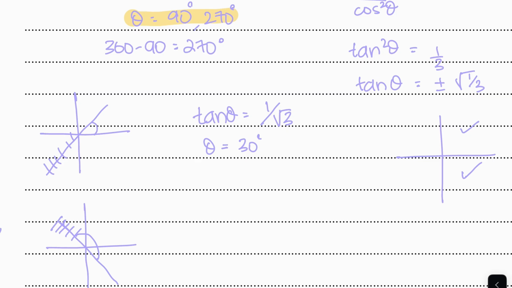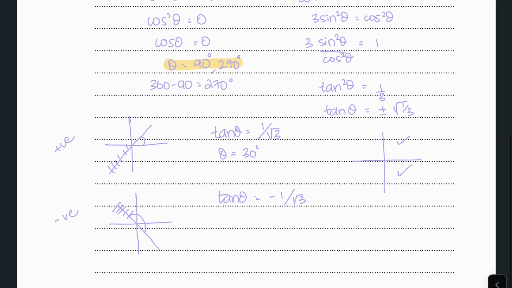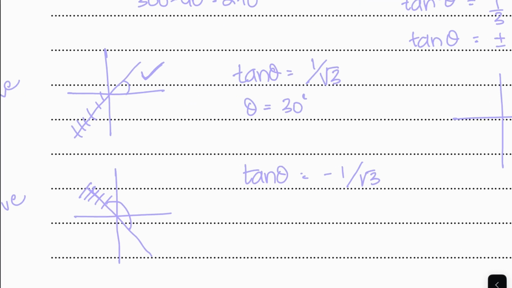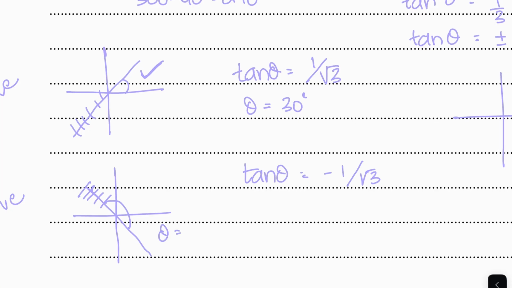Now if we take tan theta as negative 1 over under root 3, we're only looking at the first quadrant for the positive one, right? I hope we understand that. Now for negative values, it's easy to find theta if we do theta is equal to 360 minus x, x being the tan inverse value of what we are finding.